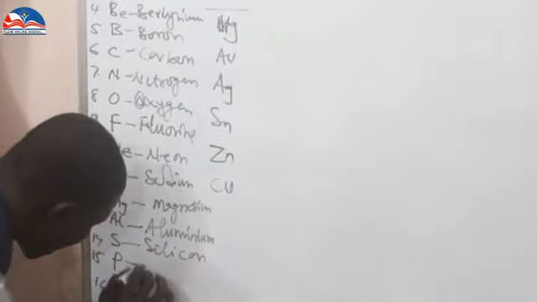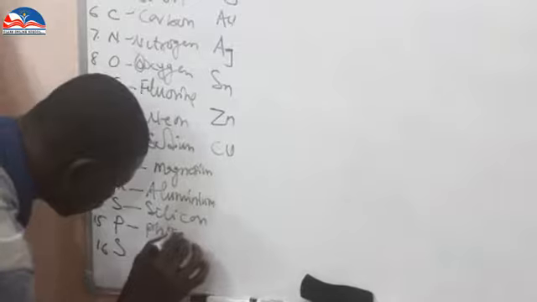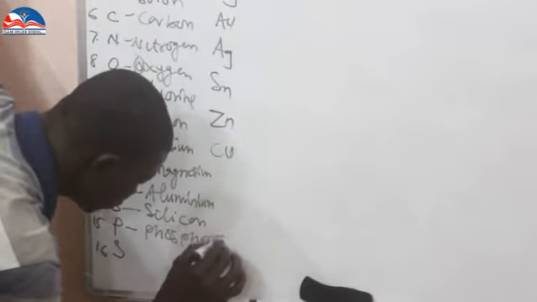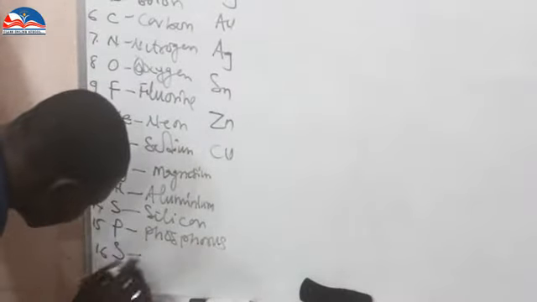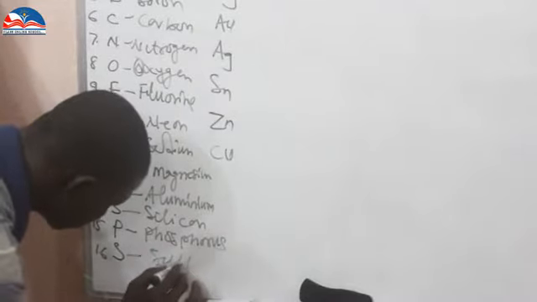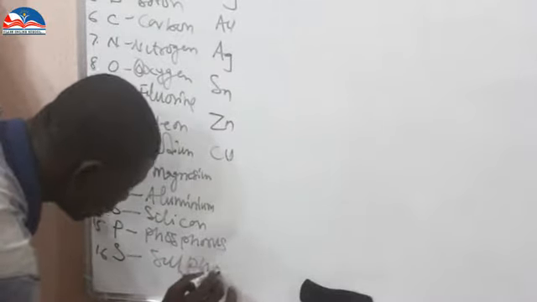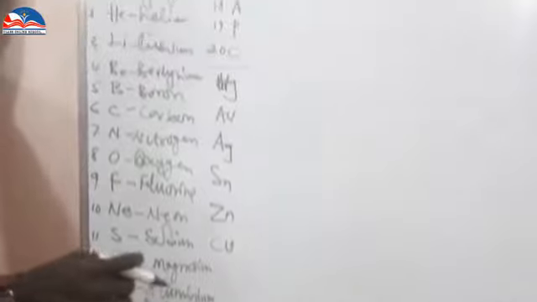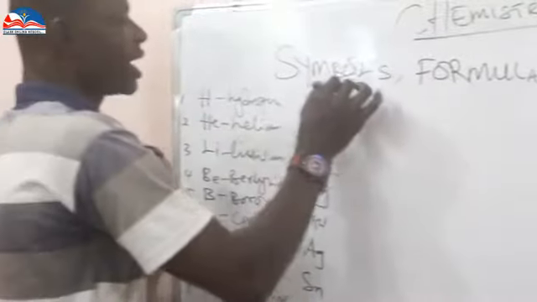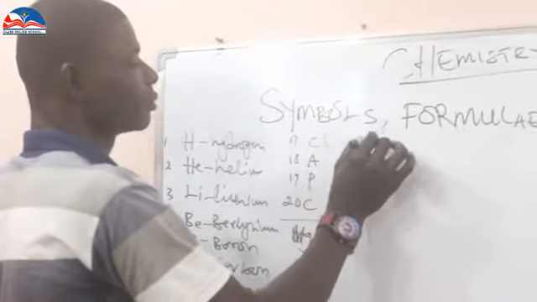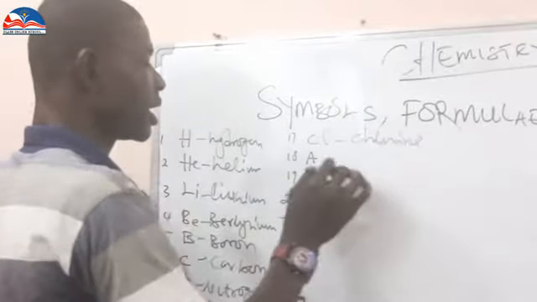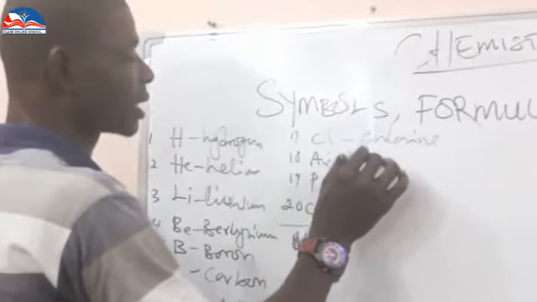We have P as phosphorus. We have S as sulfur. Okay, likewise we have Cl as chlorine. Then we have Ar as argon.